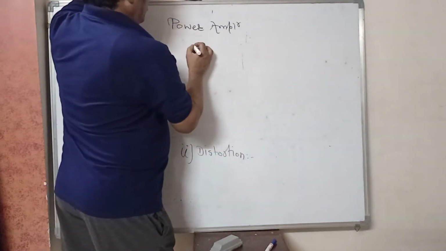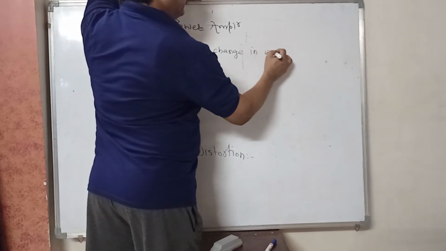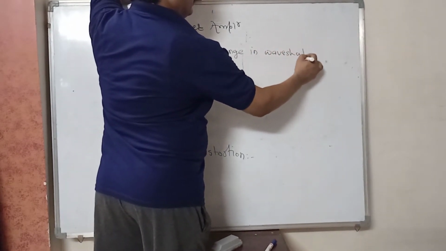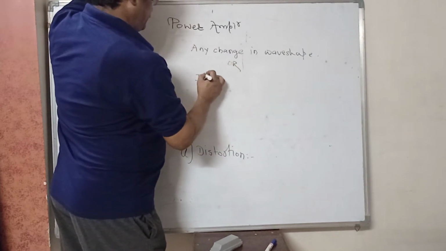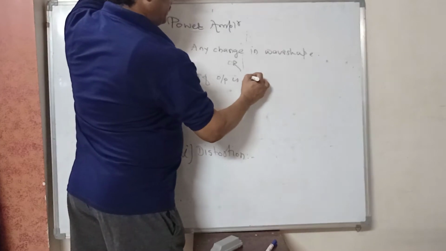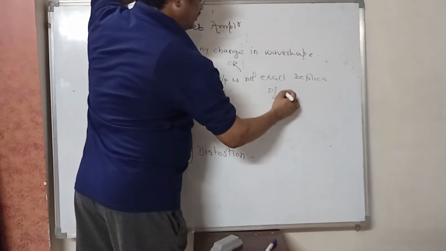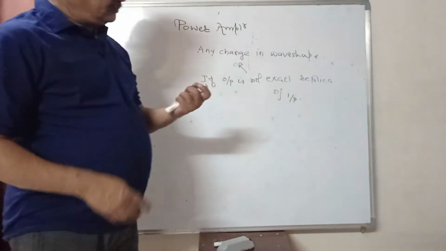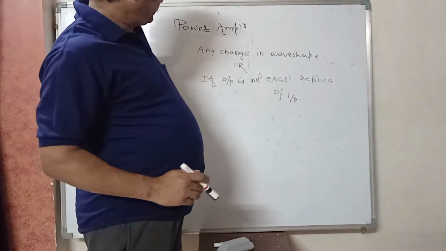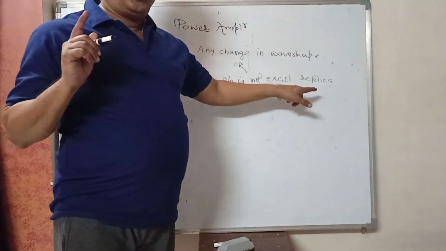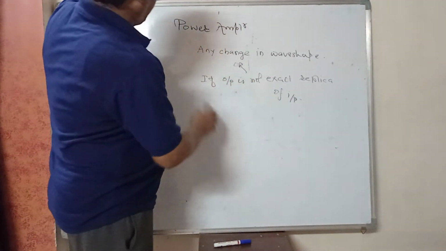So distortion: any change in the wave shape of output with respect to input, or if output is not exact reproduction or replica of input signal, then it is distortion. Right? So there are two types of distortion.